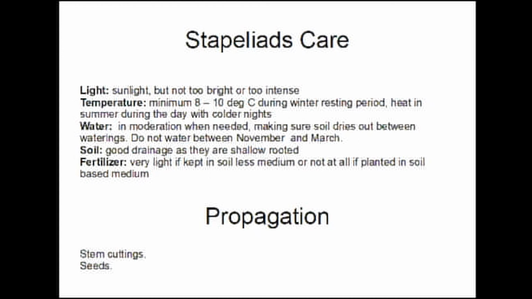You can either put the cutting just in a pot and start watering it after a certain period of time. I know that a member of our club propagated Stapelia variegata just by putting stem sections in the water, and he was also very successful with that.